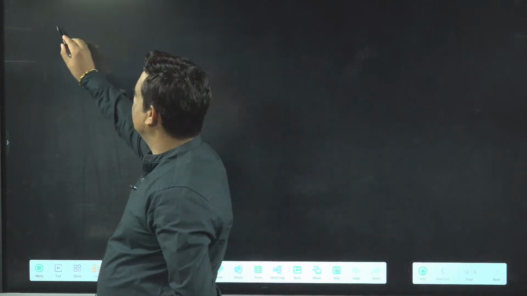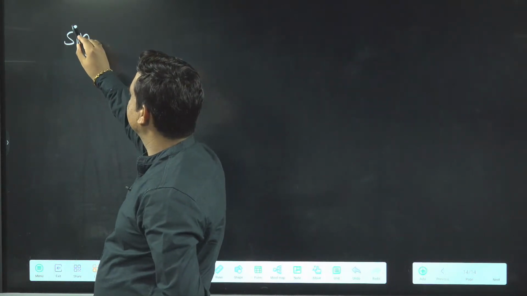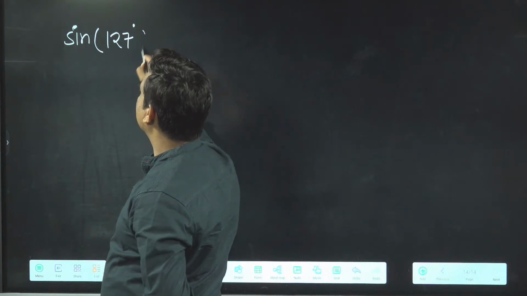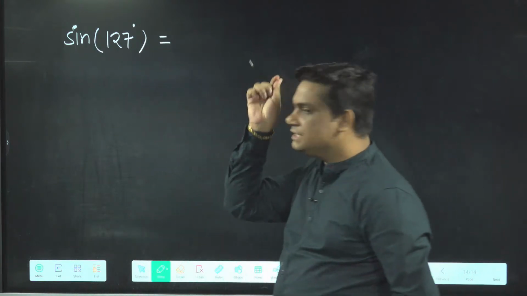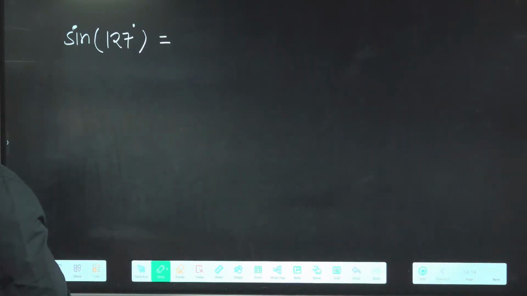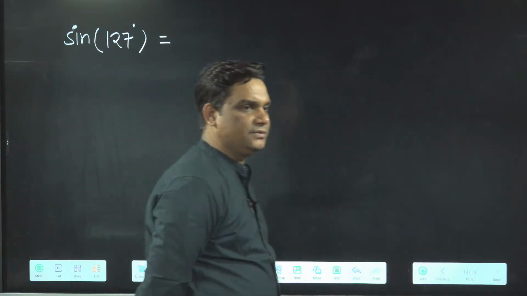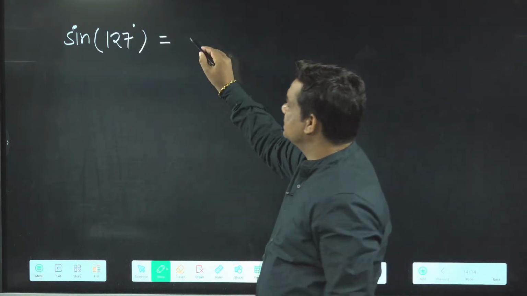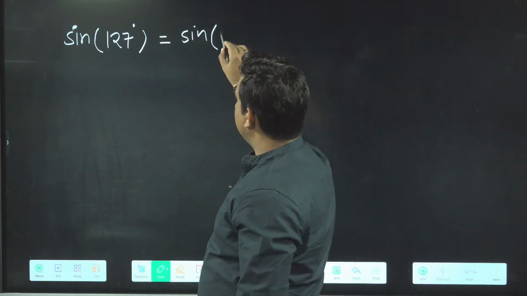So we can say there is sine 127 degree. What will be the value of sine 127 degree? You need to tell me. Four by 5. Okay, 4 by 5 people are saying, because now we can say this one is going to be sine of 90 plus 37.